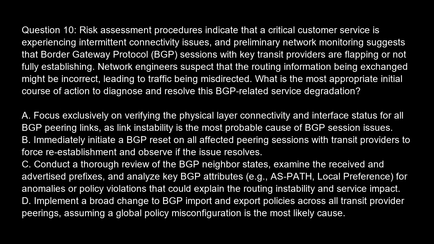Option C. Conduct a thorough review of the BGP neighbor states, examine the received and advertised prefixes, and analyze key BGP attributes, e.g., AS path, local preference, for anomalies or policy violations that could explain the routing instability and service impact. Option D. Implement a broad change to BGP import and export policies across all transit provider peerings, assuming a global policy misconfiguration is the most likely cause.